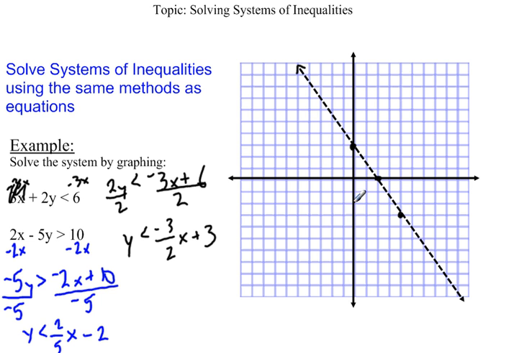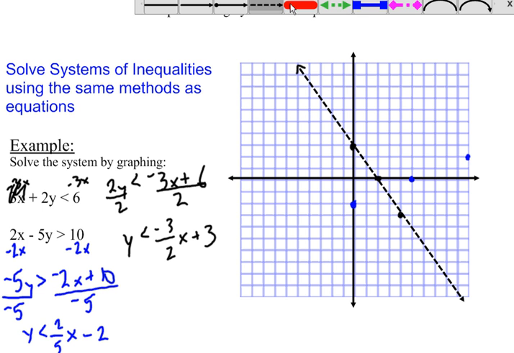So let's put negative 2 in there for my y-intercept. Go up 2, right 5. Up 2, 4, 5 again. And that's also going to be a dashed line. Yeah, there we are.